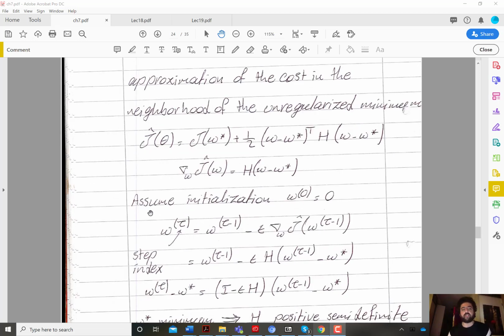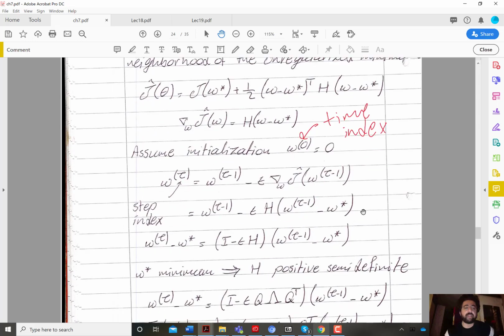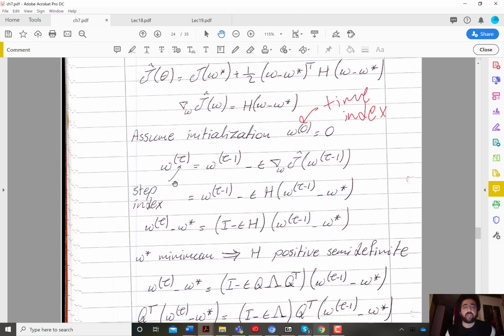Now let's analyze early stopping. So let's say we start with parameters initialized to 0. So omega 0 at time step 0, right? And then omega tau at time step tau, where tau is the step index, equals omega tau minus 1 minus epsilon, where epsilon is the learning rate, times the gradient of the cost with respect to omega, evaluated at the parameter setting obtained in the last time step.